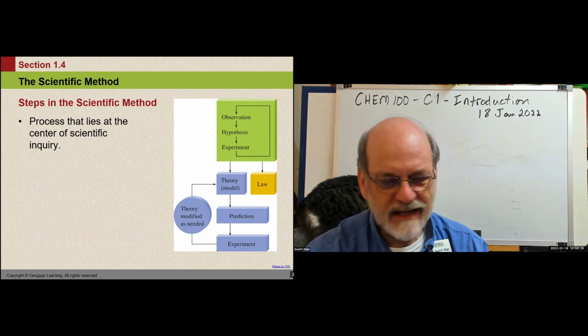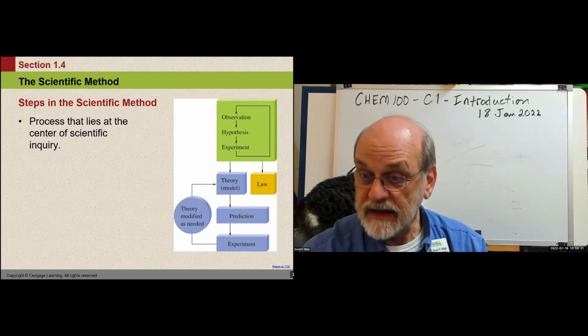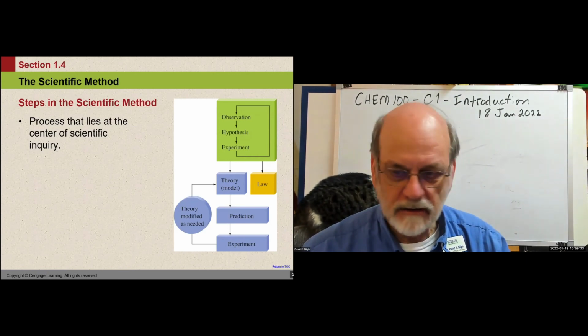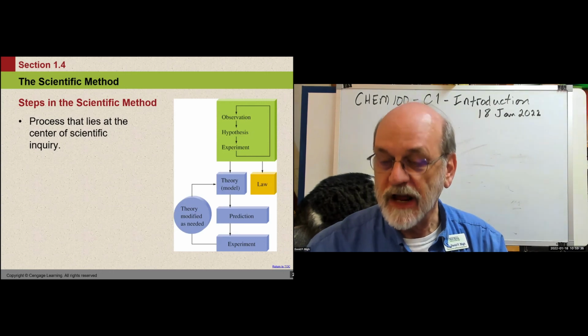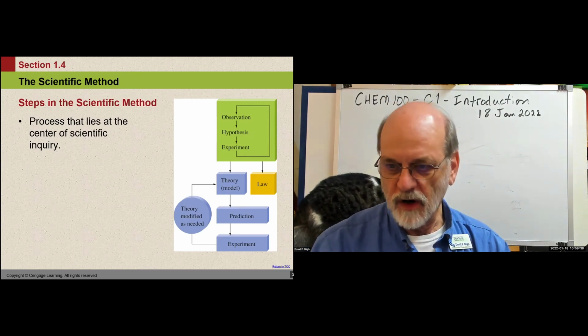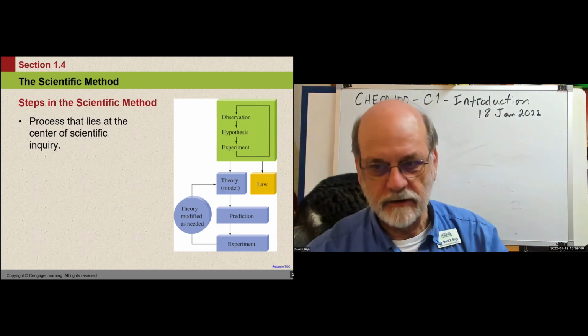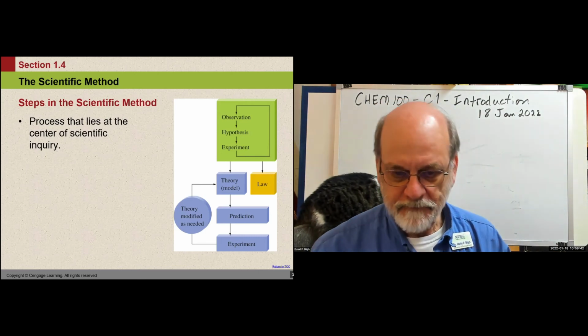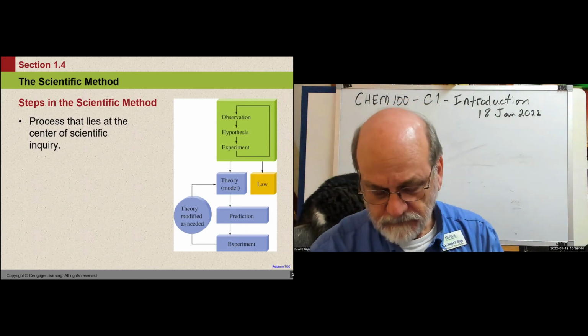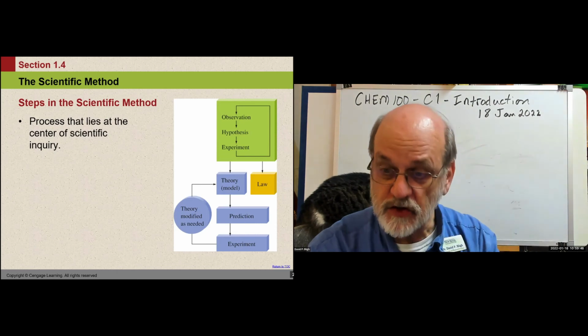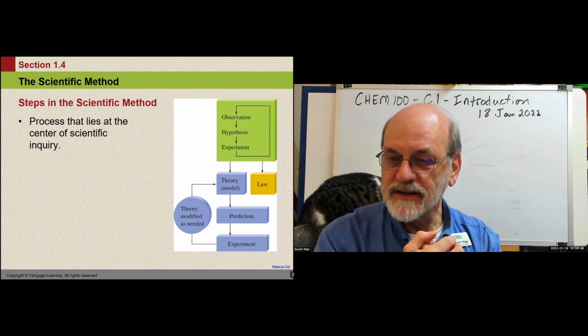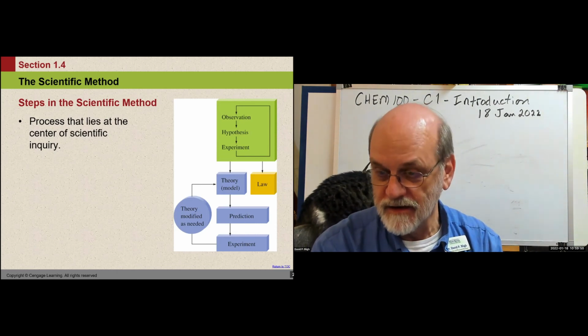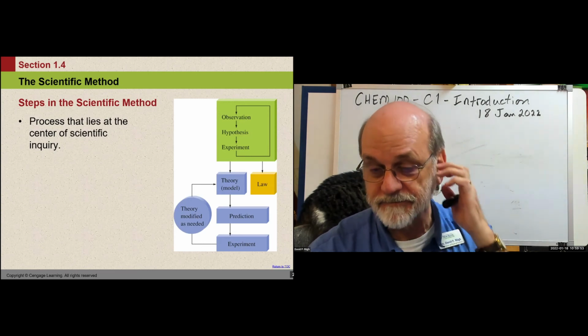Now, the model can take several forms. It can be something that looks like an automobile model or an airplane model or a dollhouse model, whatever, that you can look at and make slight changes to it and see what effect that has on the expression of the law.